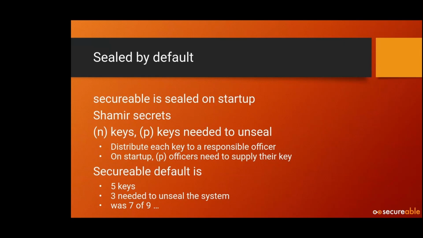So our default is 5 keys, of which 3 are needed to unseal the system. And originally, I set it up so we have 7 of 9 keys available. Now, probably all you Star Trek nerds would understand why I chose that particular set of circumstances.